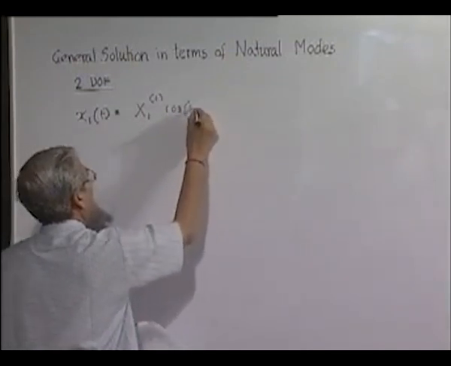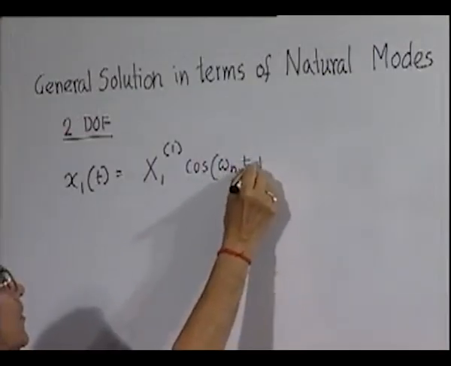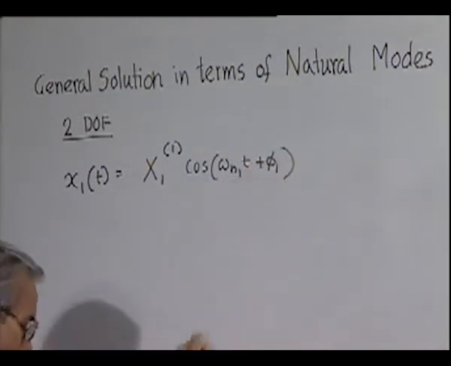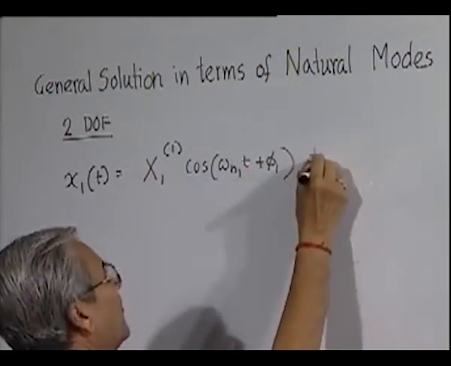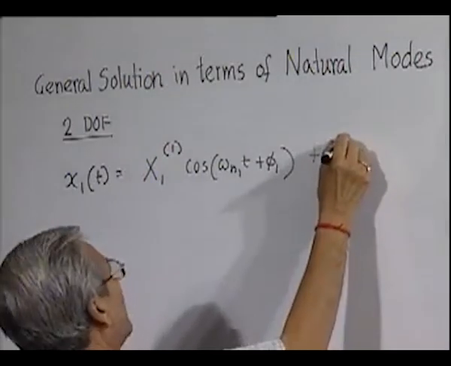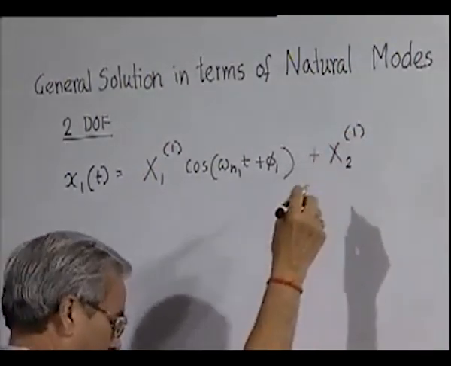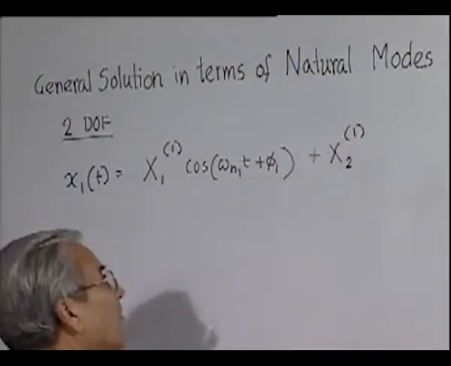So, in the 2-degree of freedom system, there will be two natural modes, and the general solution x1(t) can be written as follows.